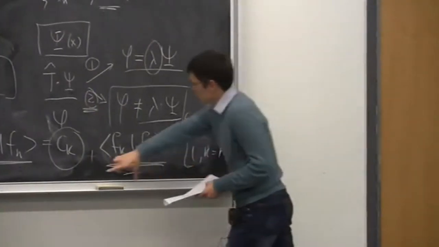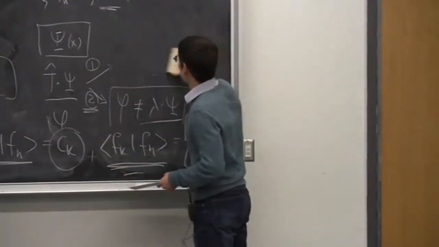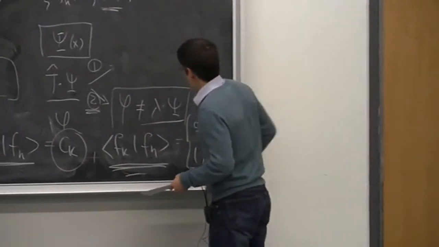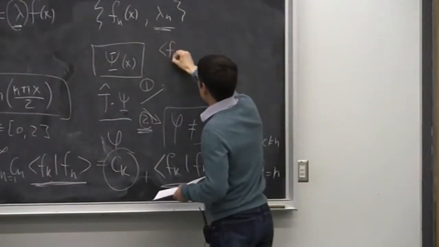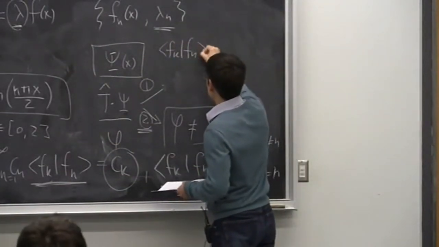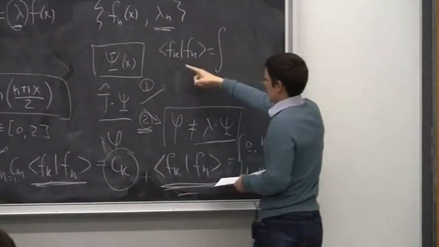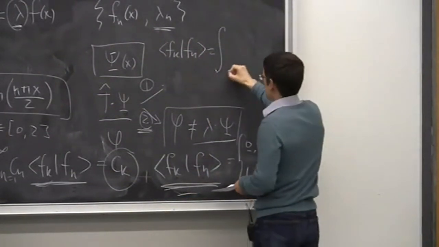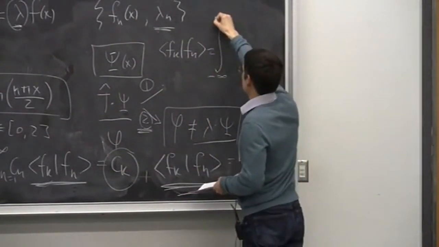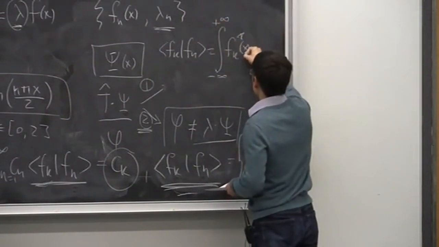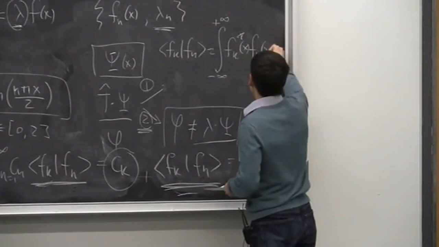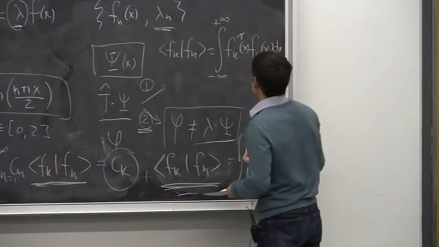Now with functions, we need to define what the inner product is, and we did this in the previous lecture. So that's Fk, Fn is always the integral from minus infinity to plus infinity, Fk star x, Fn x dx.